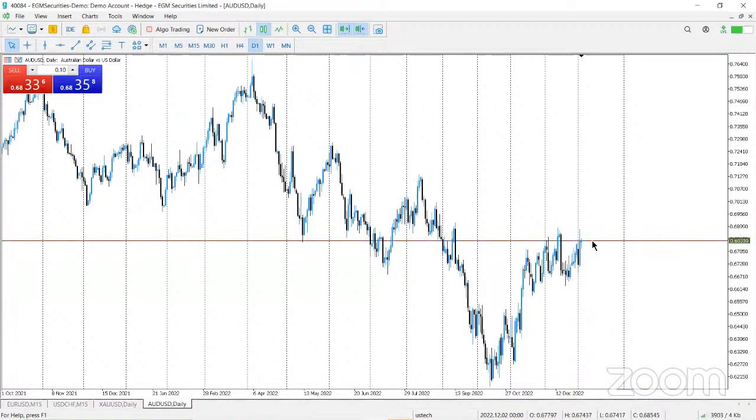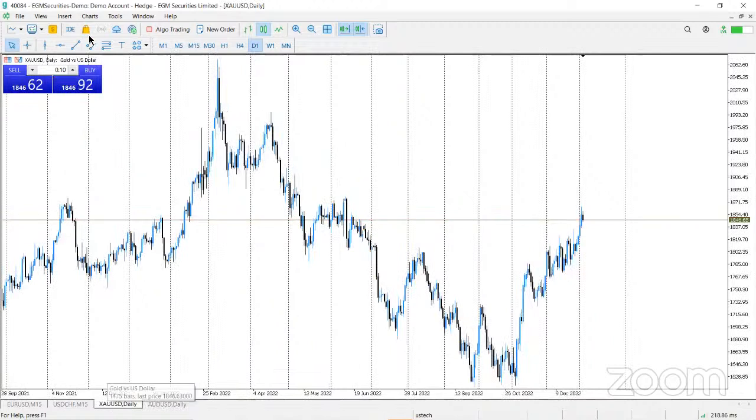That means an increase in the price of Australian dollar. Usually such correlations take time over a longer time frame. In this case, we can see that we've had a general drop in the Australian dollar and then an increase like that.